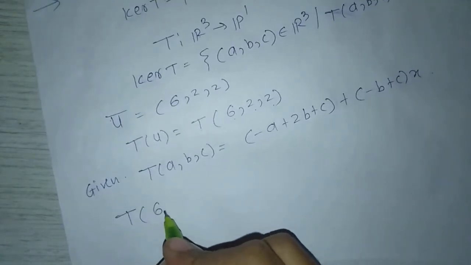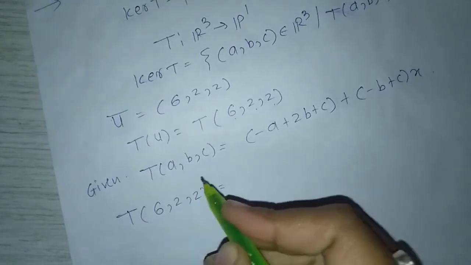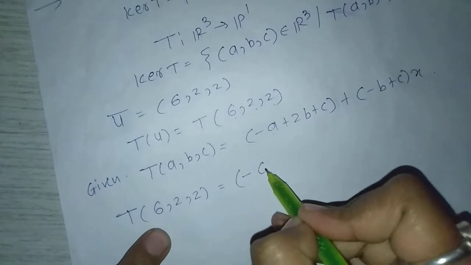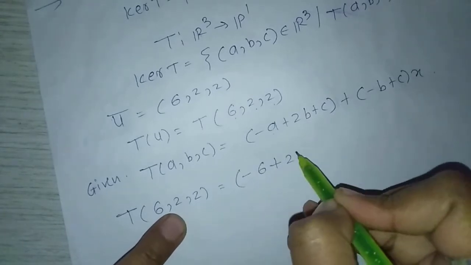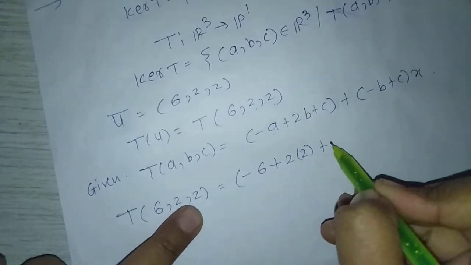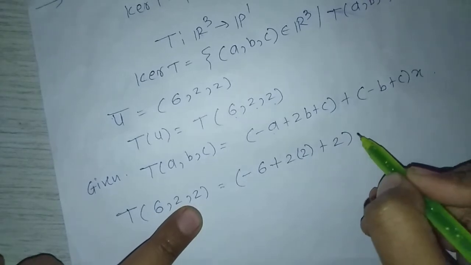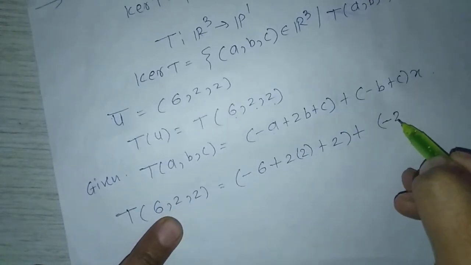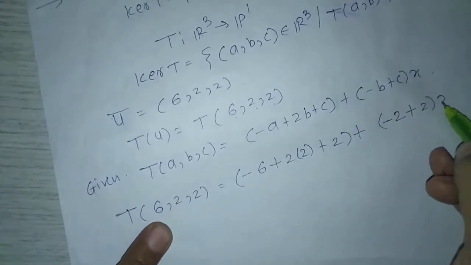Then T of (6, 2, 2) equals minus a, means minus 6, plus 2b, that is 2 into 2, plus c, means 2, plus (−b + c), means minus 2 plus 2, into x.